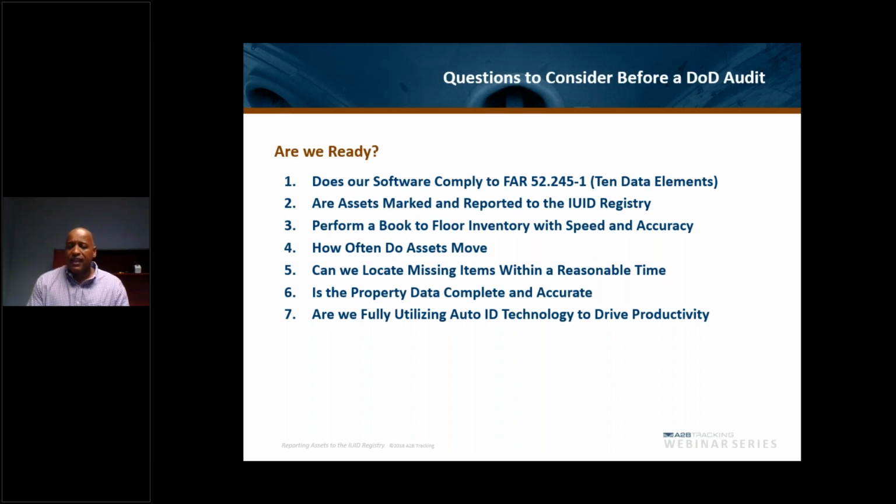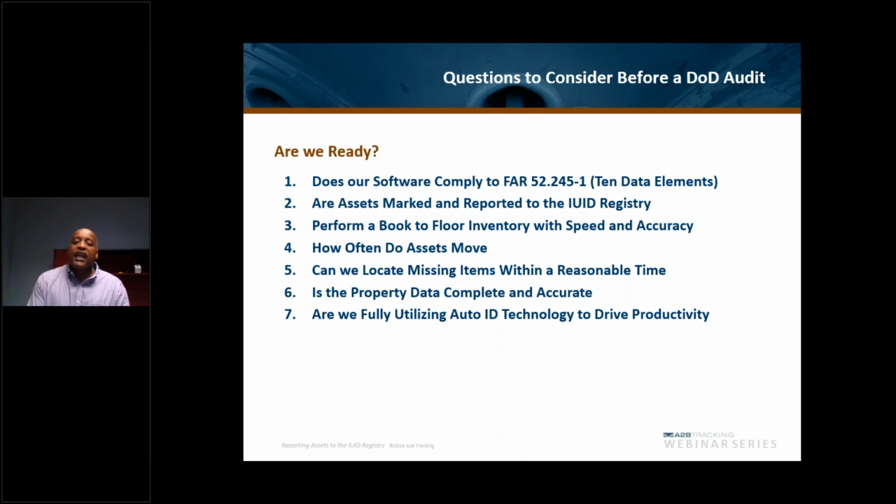The reason that item is there is because, number 4, assets often move. You could have done an inventory in September, but your audit's in February, or in December, and someone could have moved that item, and it could be part of the inventory that the DCMA is going to concentrate on.